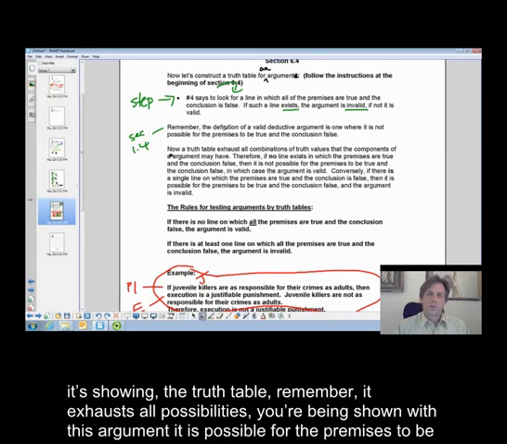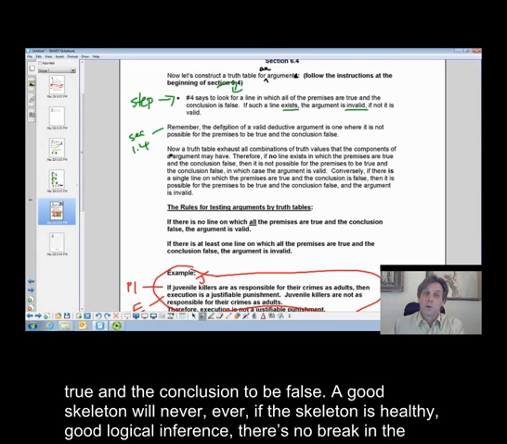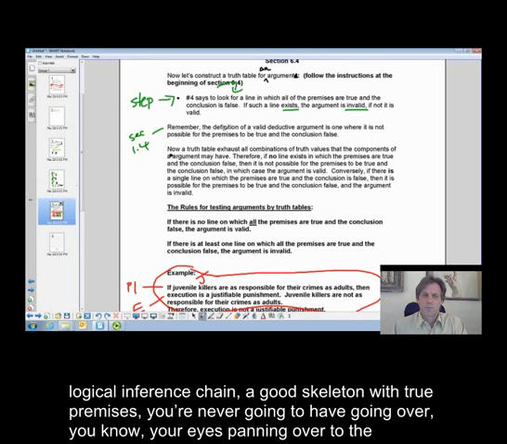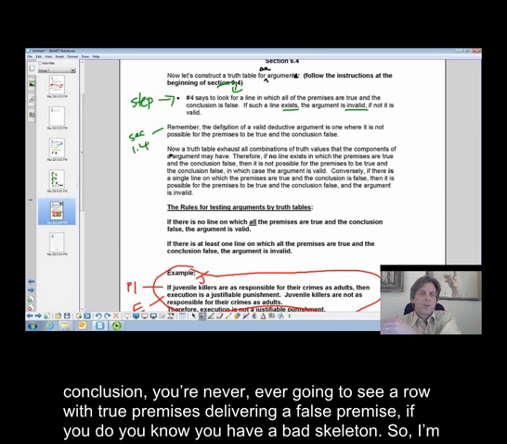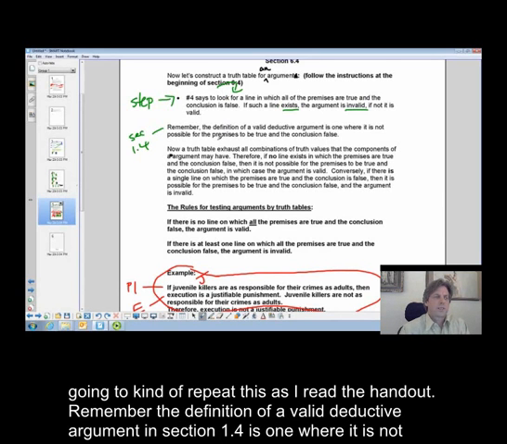You're being shown that with this argument it is possible for the premises to be true and the conclusion to be false. If the skeleton is healthy, with good logical inference and no break in the chain, you're never ever going to see a row with true premises delivering a false conclusion. If you do, you know you have a bad skeleton. Okay, so I'm going to kind of repeat this as I read the handout.